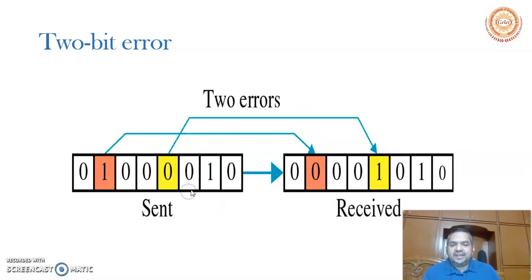Now consider the same 8-bit data at the source being sent to the destination. In this example, there is an error in the 4th bit as well as in the 7th bit. This kind of error is called a 2-bit error.